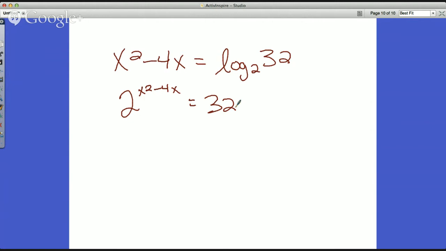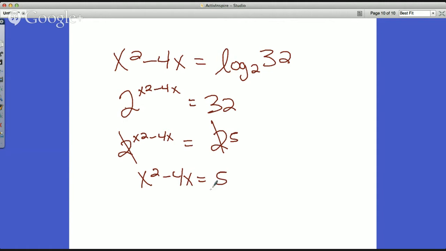I think it's 2 to the 4 or 2 to the 5th. 2 to the 5th would be 32. So 32 could change to 2 to the 5th, and this would be 2 to the x squared minus 4x, and then you would get 5 equals. All right, so I was on the right track. You're right. x squared minus 4x equals 5. Subtract that 5 from both sides. x squared minus 4x minus 5 equals 0.